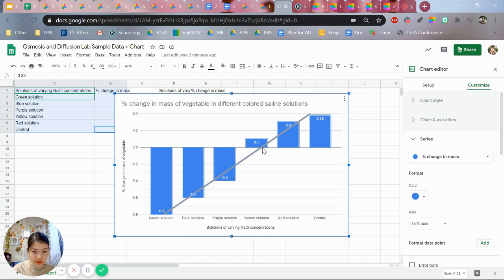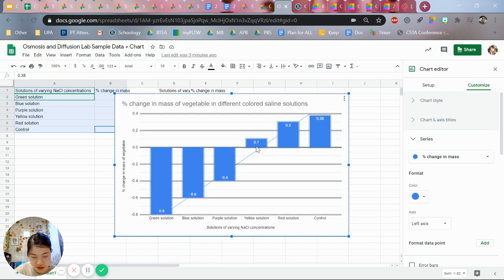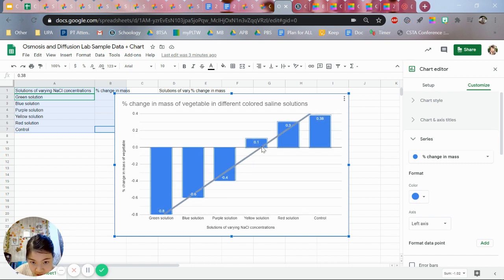However, there's an equal amount of movement from both sides, and this creates an isotonic environment for the vegetable slice. And you don't really see that here because there is 0.1% change in the mass of that vegetable, and this line actually intersects between the red solution and the yellow solution's molarities.